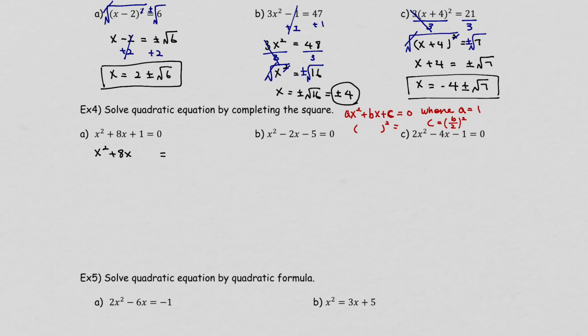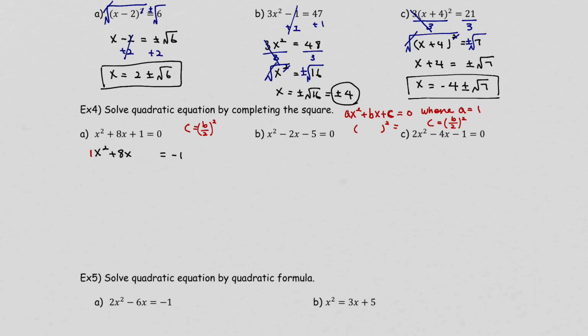So plus 1 moved to the other side will become negative 1. So we still have the same problem. Remember, we're going to use (b over 2) squared to create the new c. And of course, your leading coefficient has to be 1, and it's already 1. So that's one thing that we don't need to worry about.